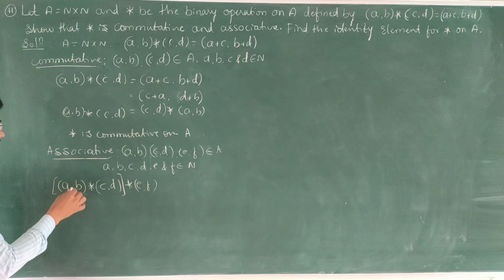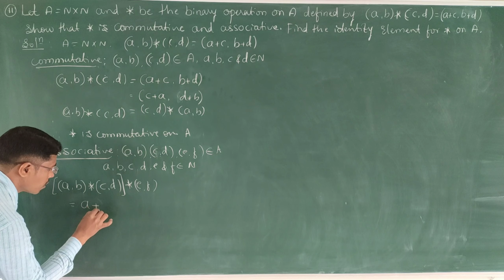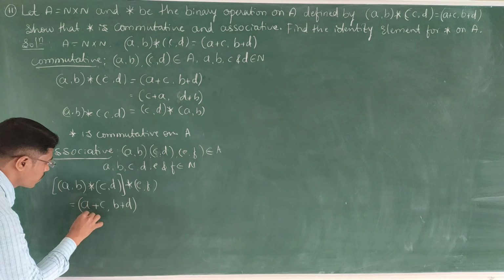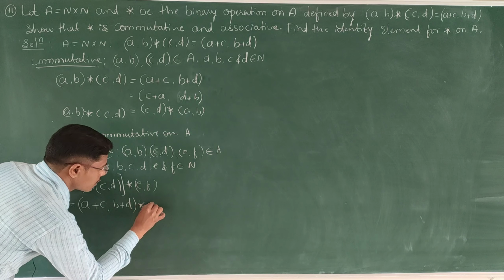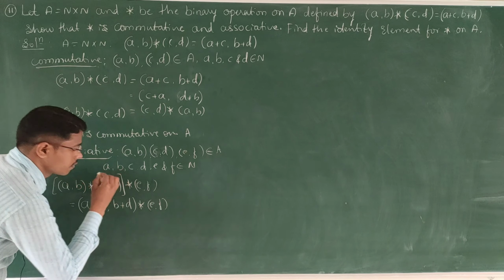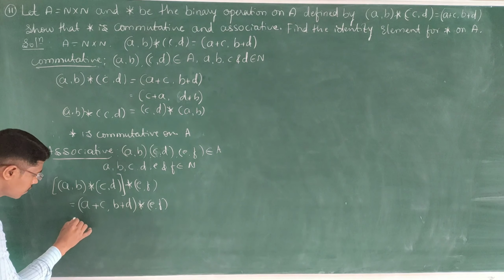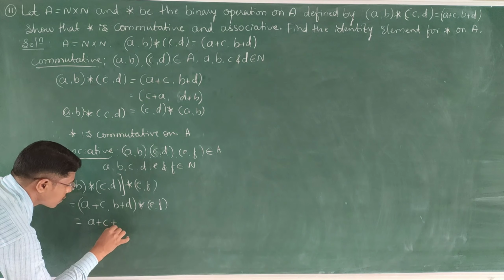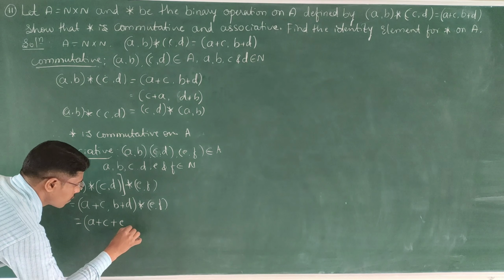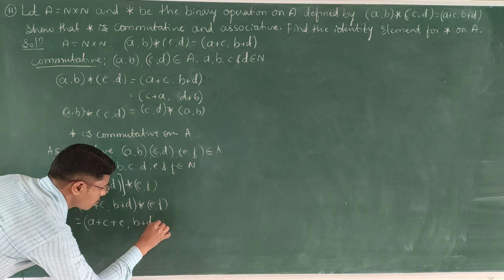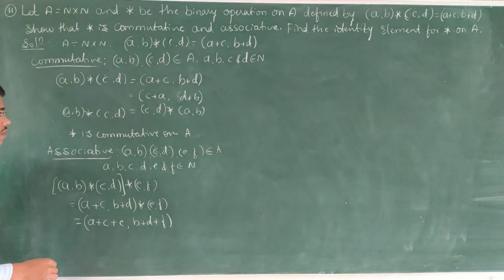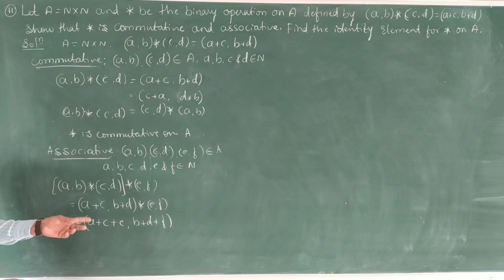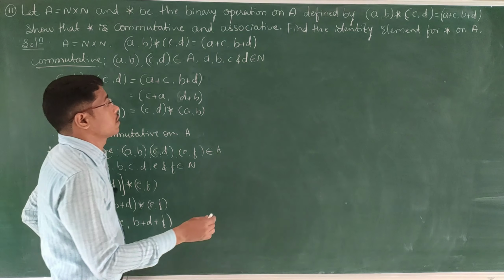According to the definition, this is (a plus c, b plus d) star (e, f). Now this is equal to (a plus c plus e, b plus d plus f), addition of the respective elements of the Cartesian product. Okay, right. This is the LHS.